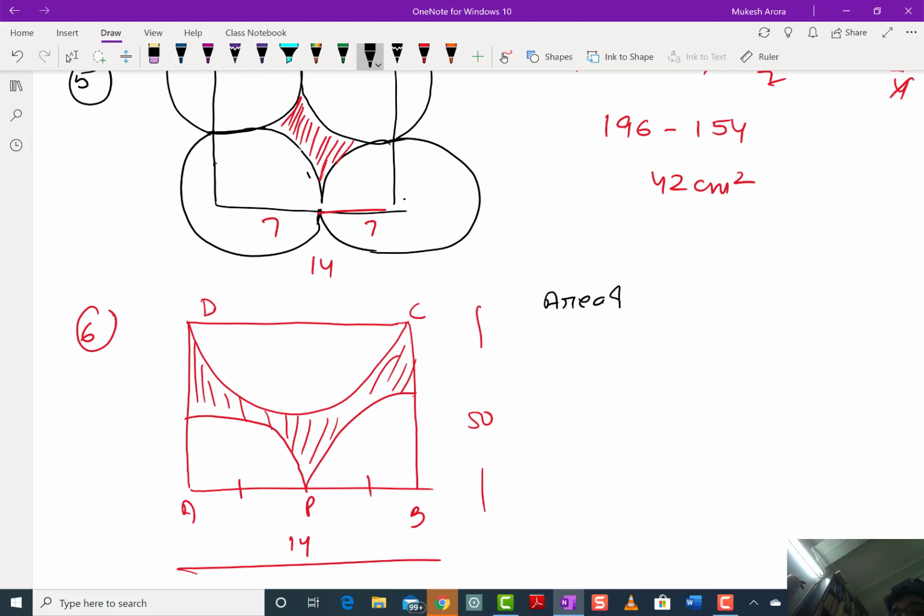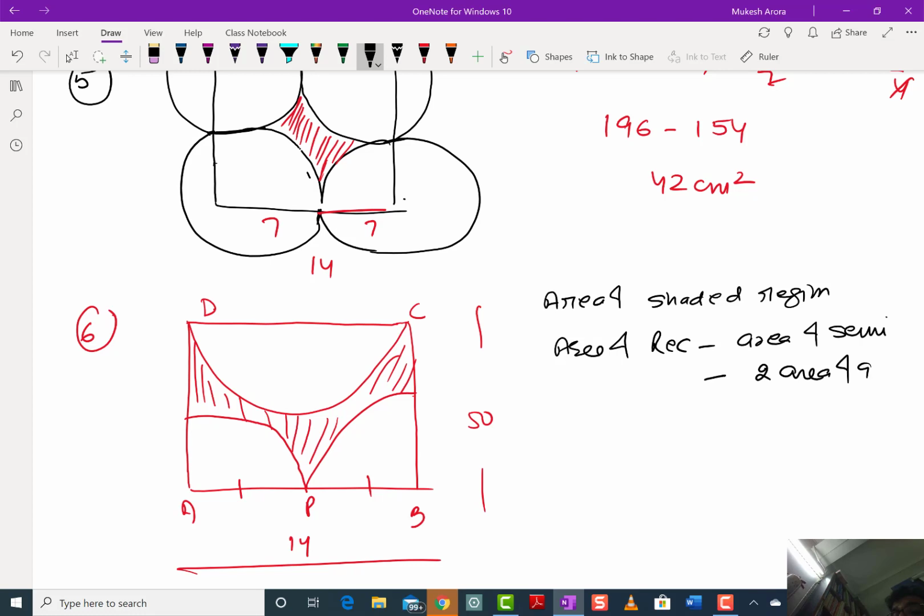Area of shaded region is equal to area of rectangle minus area of semicircle minus 2 into area of quadrant. Area of rectangle is 50 into 14. Area of semicircle, this one, half into pi r square.